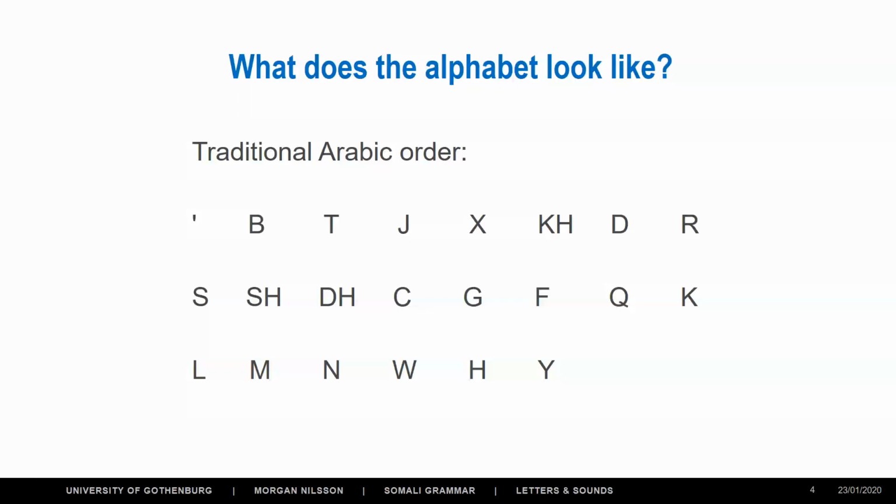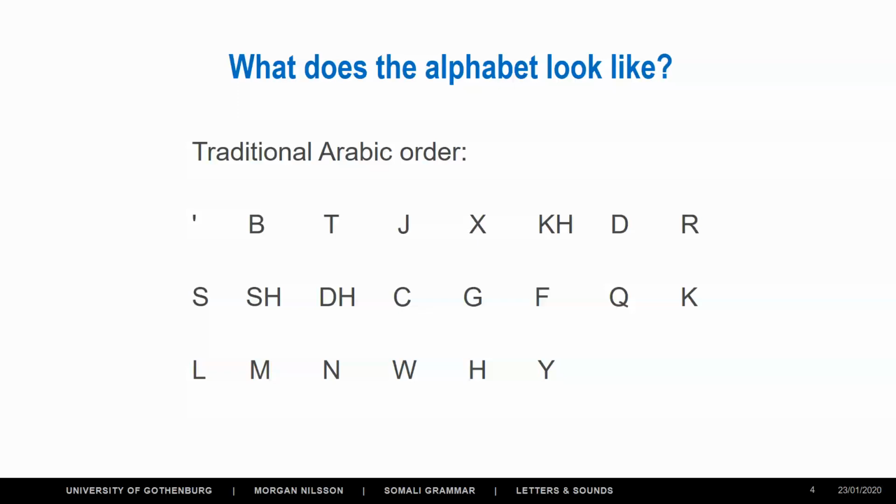So the letters are Hamza, as this sign is called, then Ba, Ta, Ja, Ha, Kha, Da, Ra, Sa, Sha, Ja, A, Ga, Fa, Ra, Ka, La, Ma, Na, Wa, Ha, Ya.